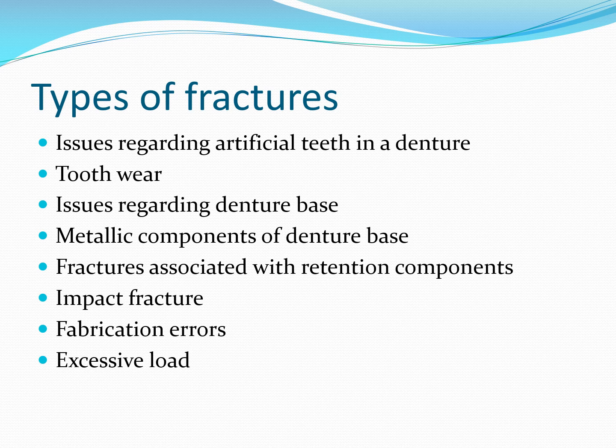If we repair the denture without removing the cause, the cause remains. For example, if there is an occlusal error and we repair it, that occlusal error will remain and there will be fracture again. In the same way, if resorbed ridges are the cause and we repair, there will again be fracture.